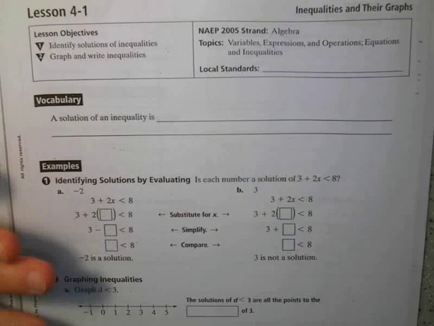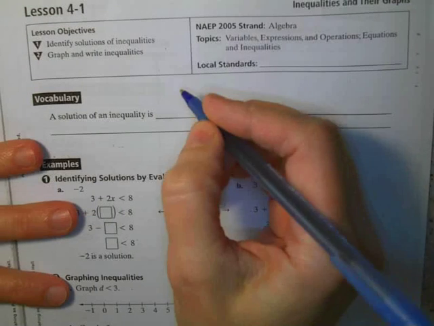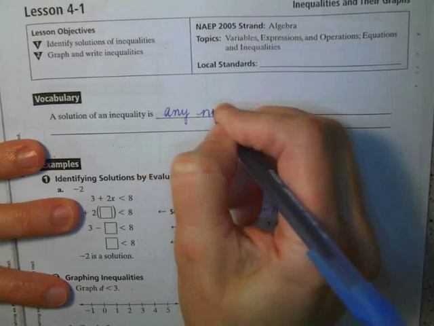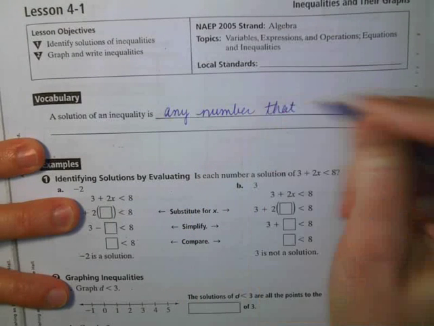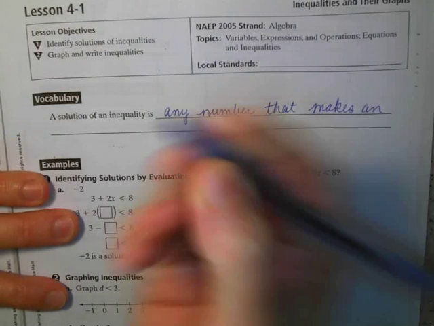Okay, so our vocabulary term is a solution of an inequality. A solution of an inequality is any number that makes an inequality true.